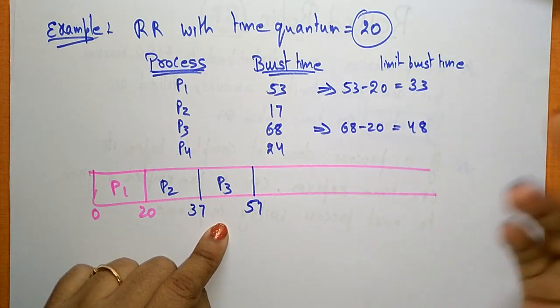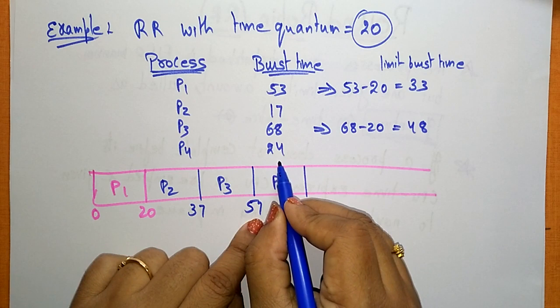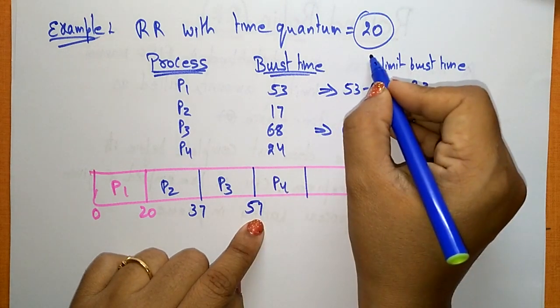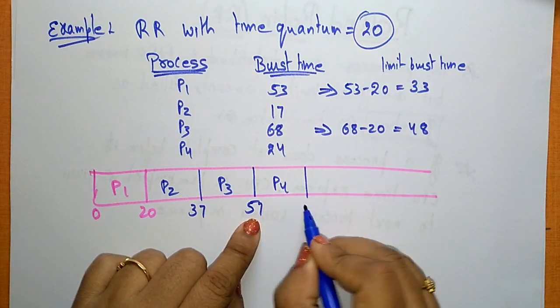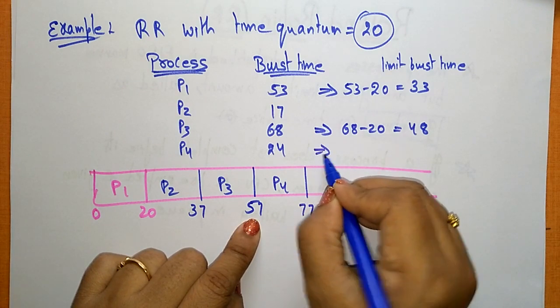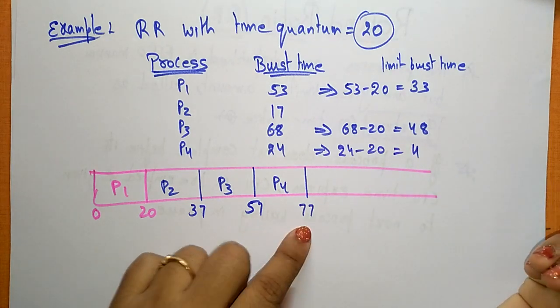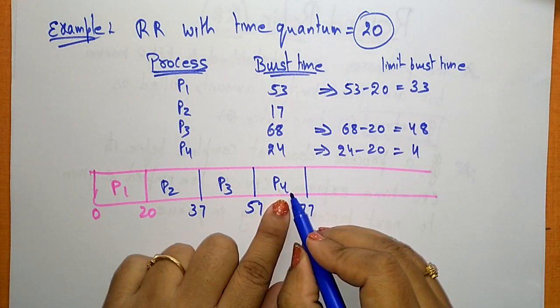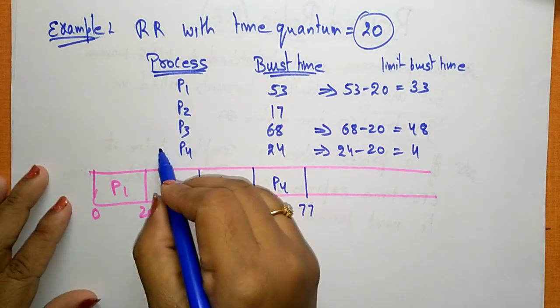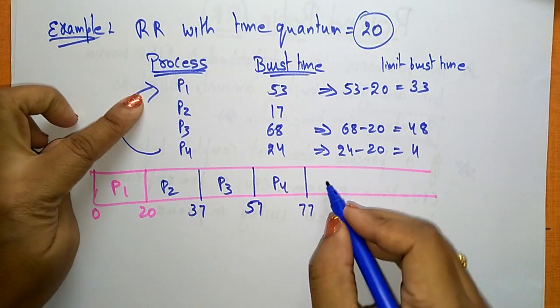So again P3 will come. Next P4. P4 needs 24, but the time limit is only 20. So add 57 plus 20, you will get 77. Still 4 will remain for this. After P4, the control passes again in round robin fashion to P1.